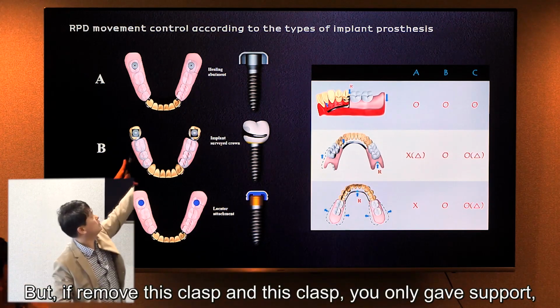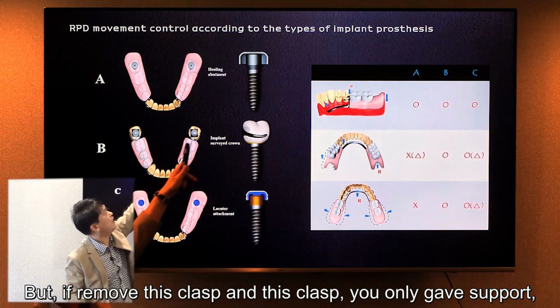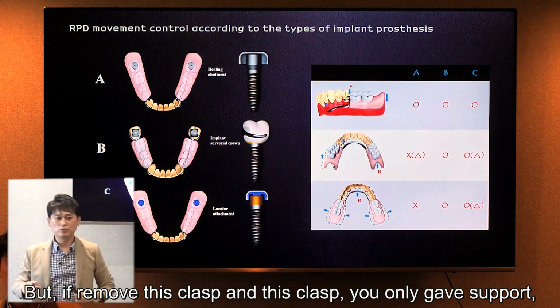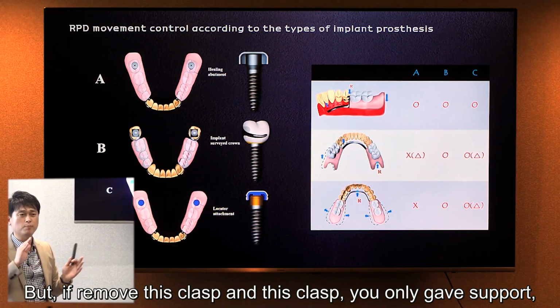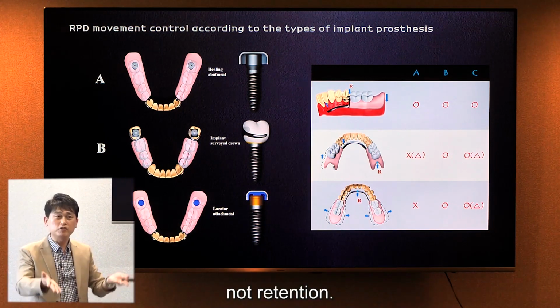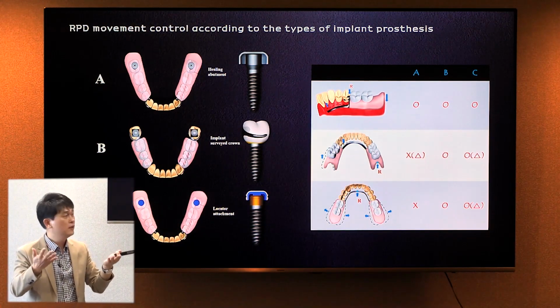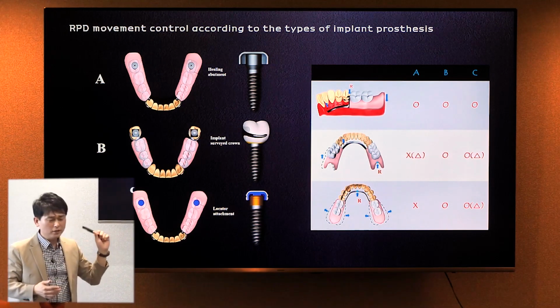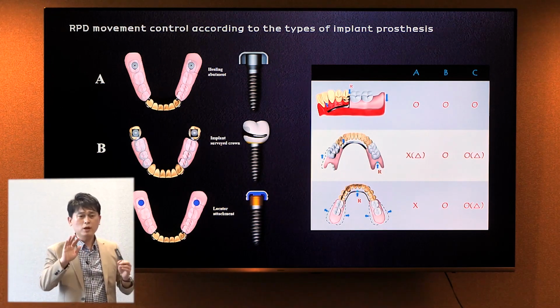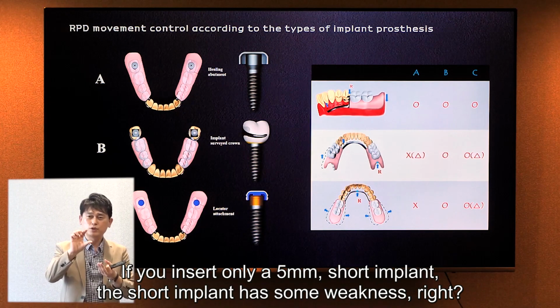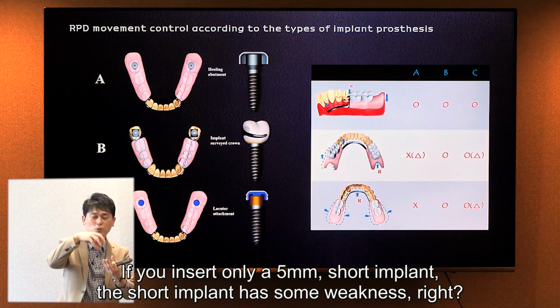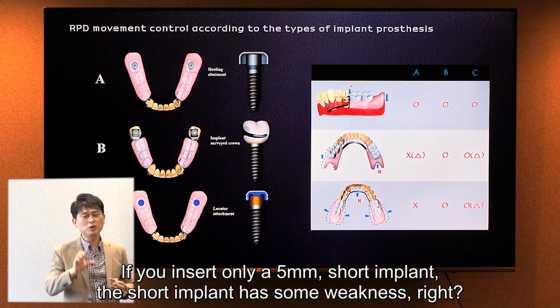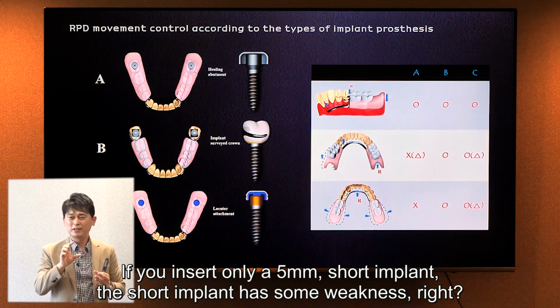But if you remove this clasp, you give only support, not retention. So this is a very important consideration. If you insert only a 5 millimeter short implant, the short implant has a weakness, right?